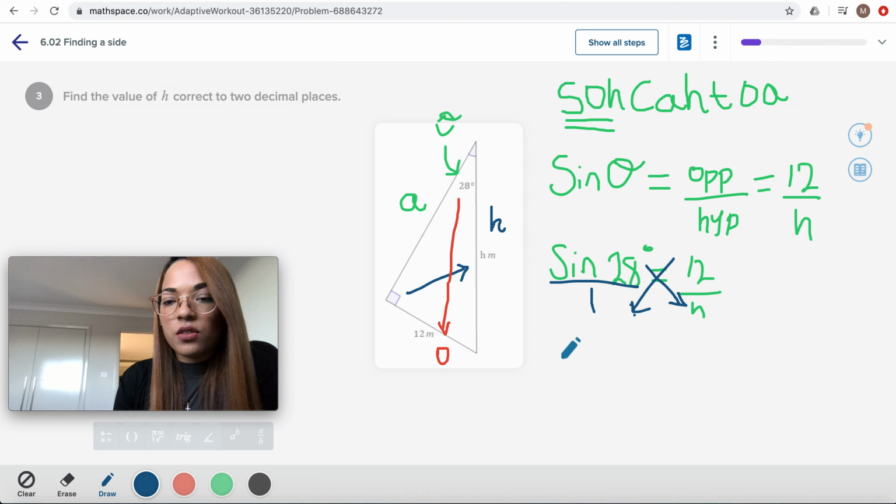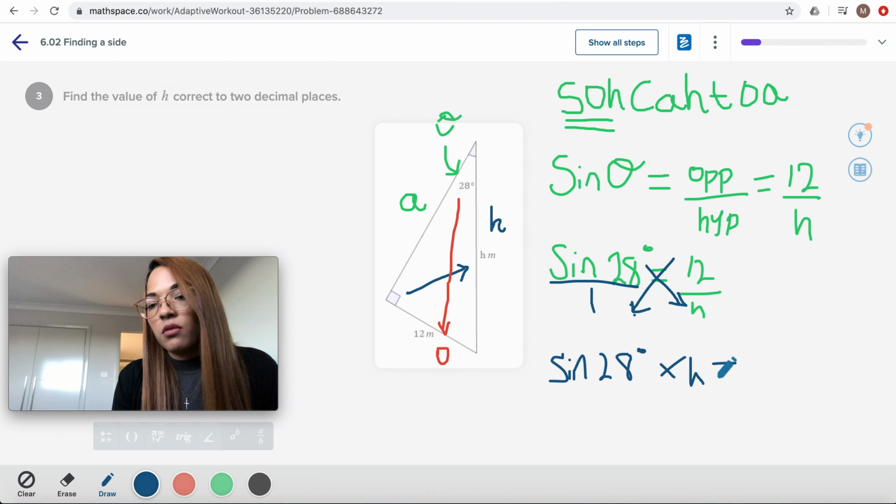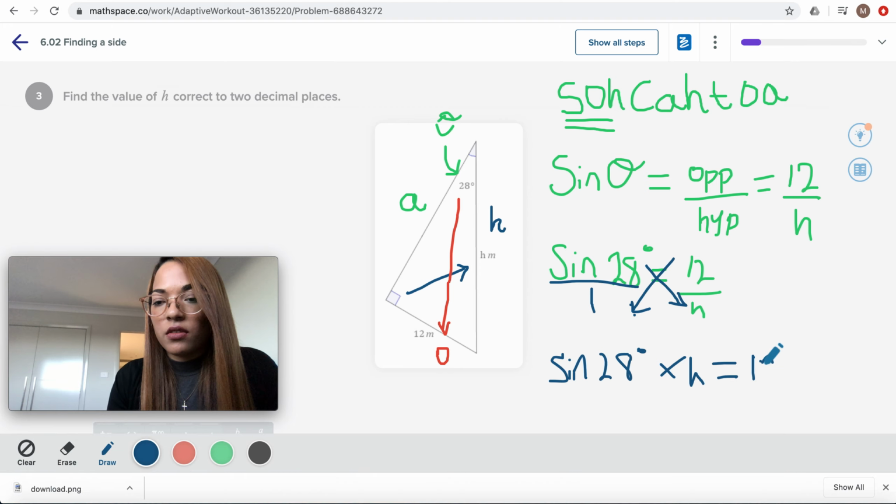So sine 28 multiplied by h equals 12 multiplied by 1.